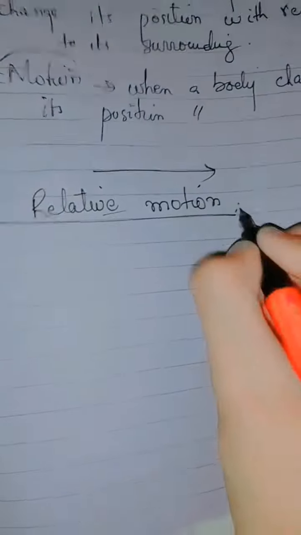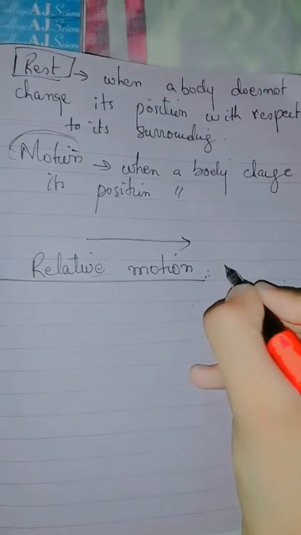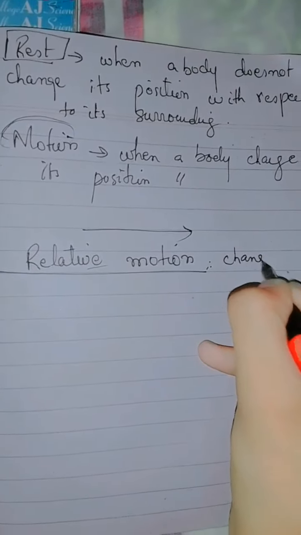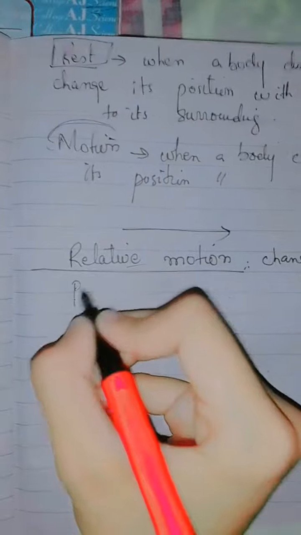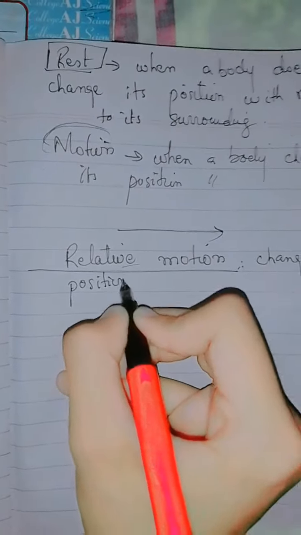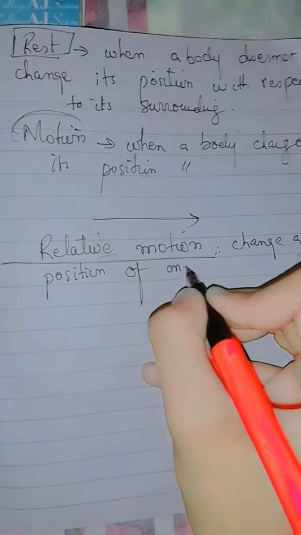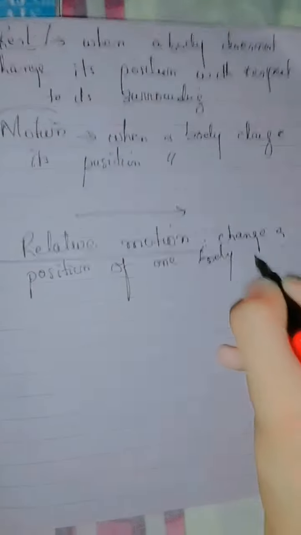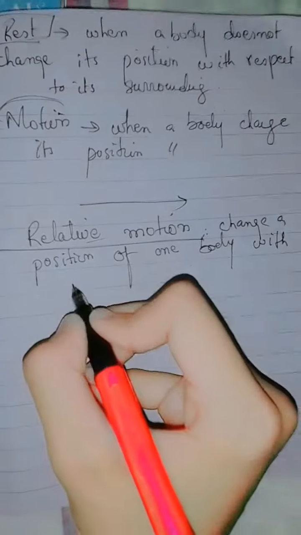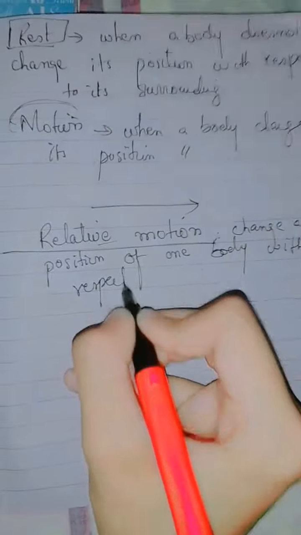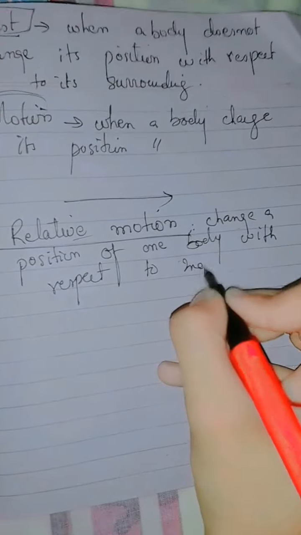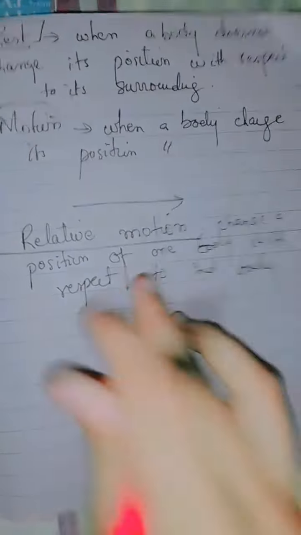what is relative motion? It is basically the changing position of one body with respect to a second body. What does it mean?